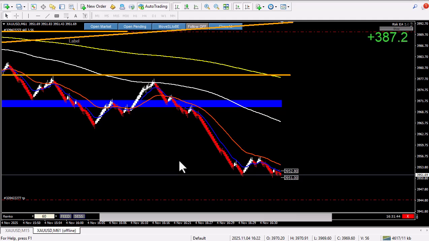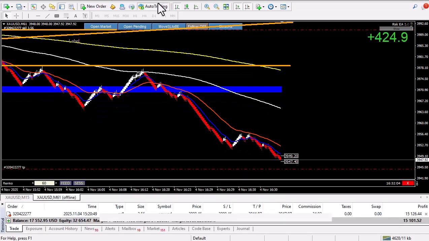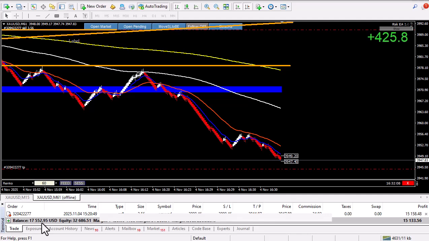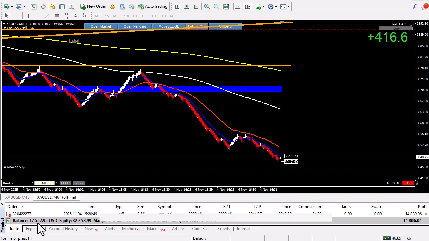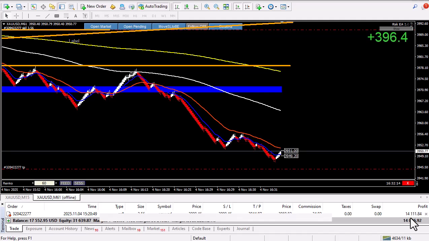Let's see how it goes. We are close. We are just like 60-65 pips away from the target area. You can see with 17,500 in the balance, now we are at 14,000.